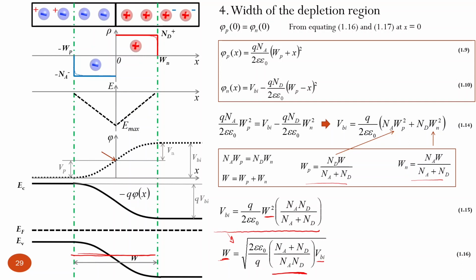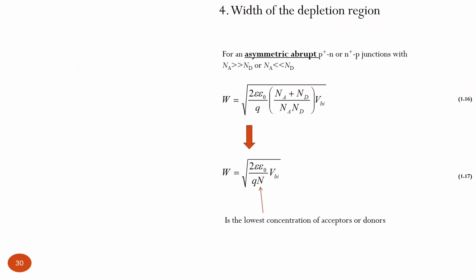So we need to know both, or at least one, so that by measuring the thickness of the depletion region we can determine the unknown one. However, that is mostly not the case, and when you want to learn something about a semiconductor, you would like to have a so-called asymmetric p-n junction.